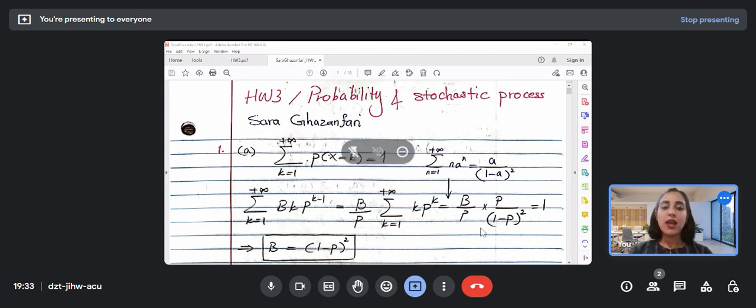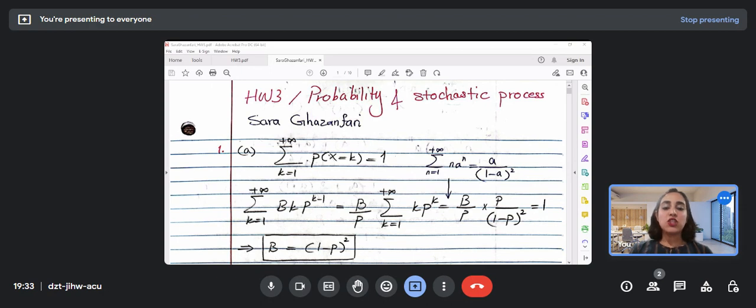We write this formula, the sum from k equals 1 to plus infinity. And as I see, here we need some kind of approximation to write the answer.